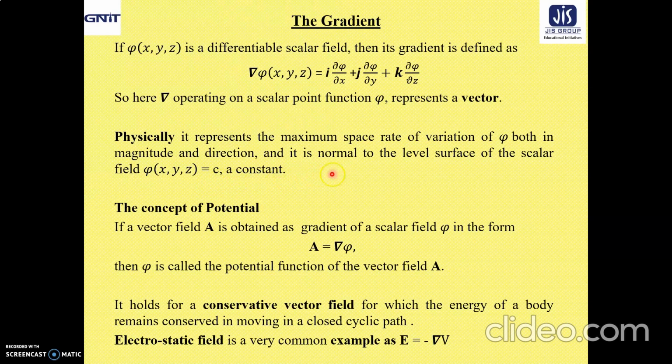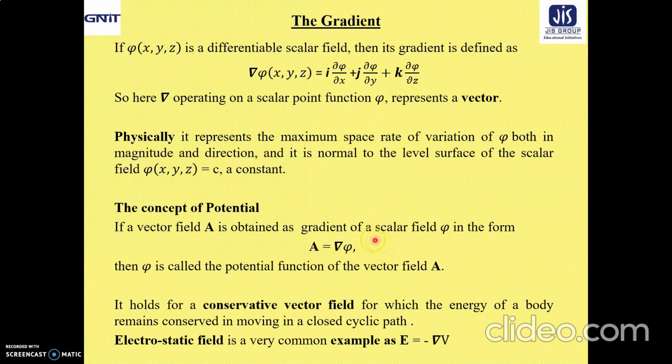Now, most importantly, let us have some idea about the concept of potential, to be introduced in detail in electrostatics, first with the gradient. Just look at the form of the gradient, grad phi, which represents a vector field. Now, if that vector field is considered to be A, obtained as the gradient of a scalar field, how to represent it? Grad phi equal to A, where A is a vector field.